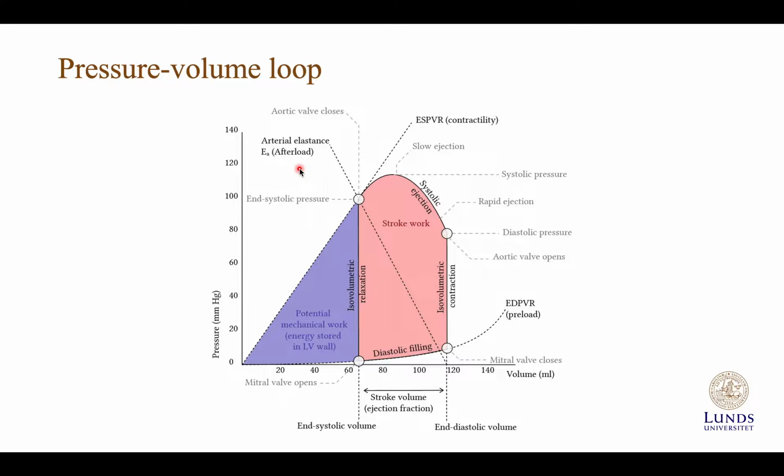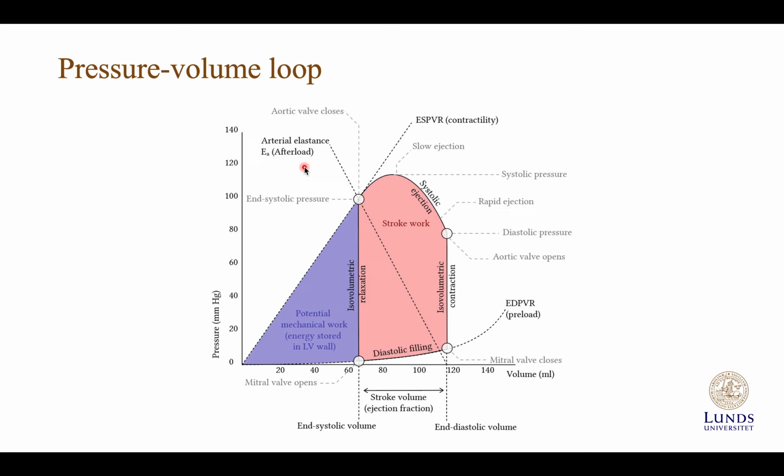It's where the force generated by the left ventricle is exactly balanced by the arterial opposition represented by the arterial elastance. And this position, that is to say, this intersection, represents how well the left ventricle and the arteries are matched.